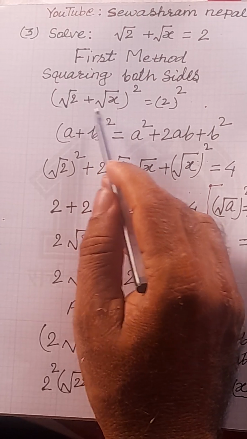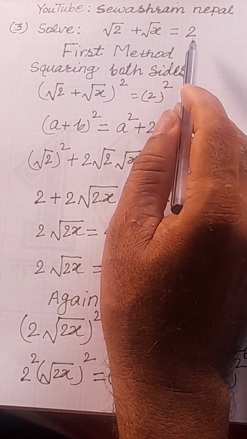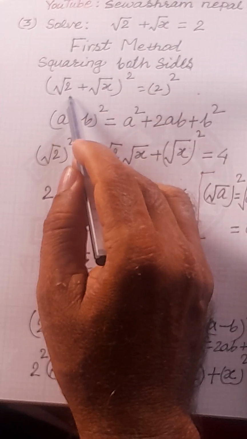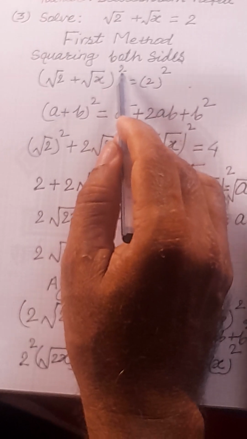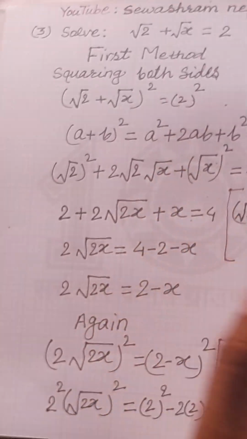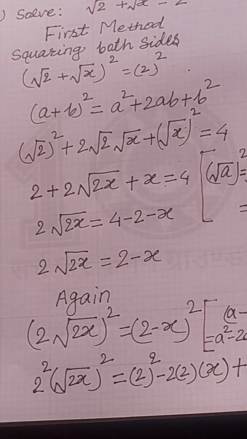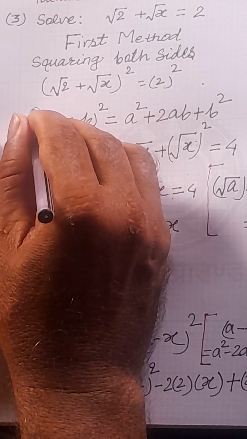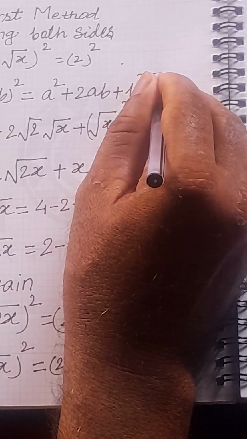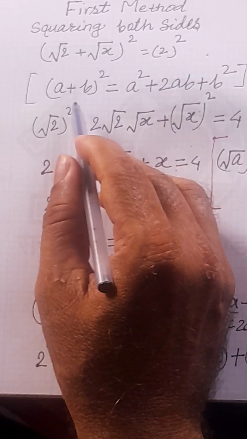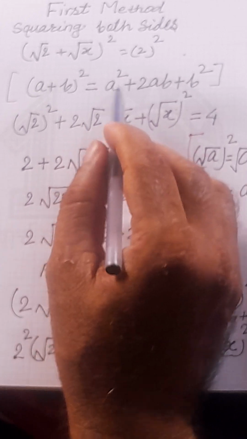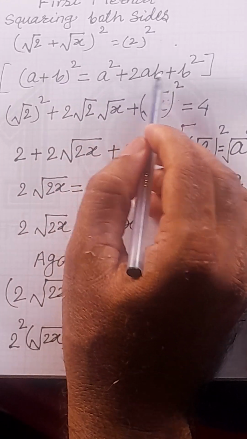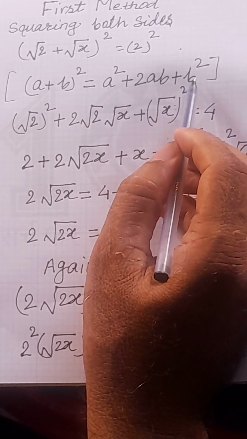So when we apply squaring on both sides, we get root 2 plus root x whole square equal to 2 square. Now we apply the simple formula, a plus b whole square equals a square plus 2ab plus b square.